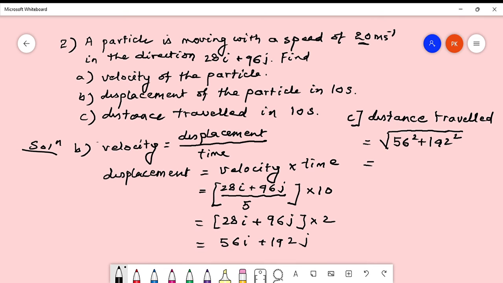Root of 56 square plus 192 square is 200 meters. So the distance traveled by the particle is 200 meters. In this problem, keep in mind that any vector divided by its own magnitude is a unit vector, and when the unit vector is multiplied by any scalar, we get a vector whose magnitude is equal to the scalar. And speed is the magnitude of velocity.